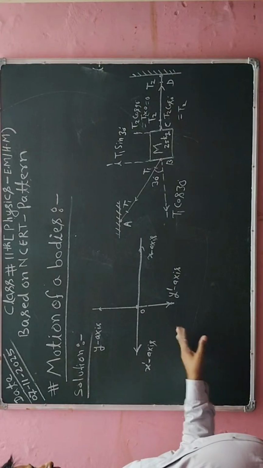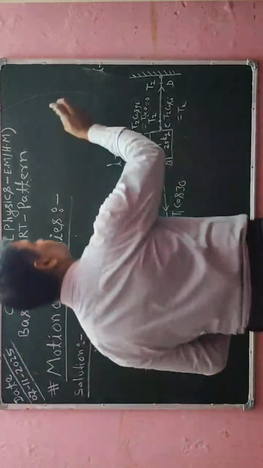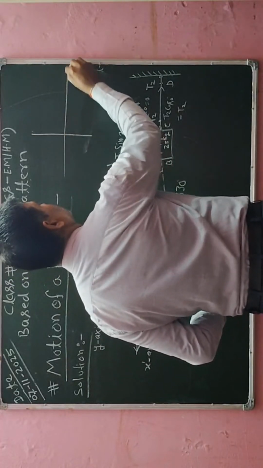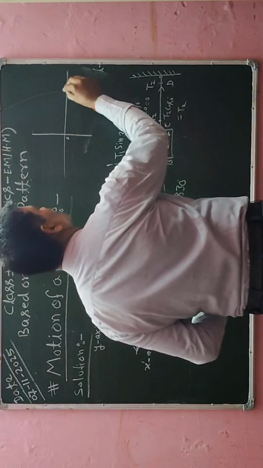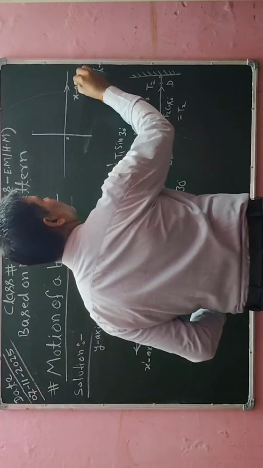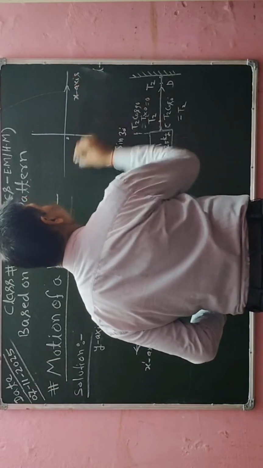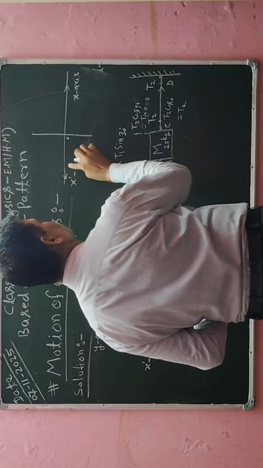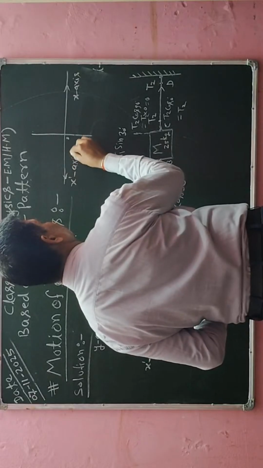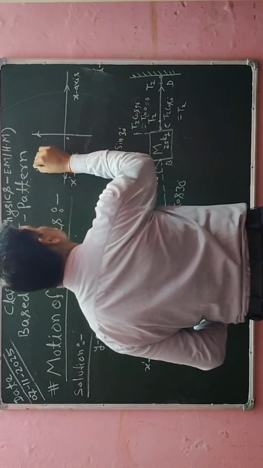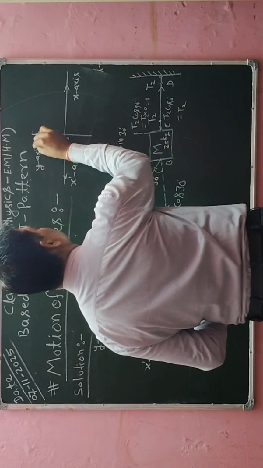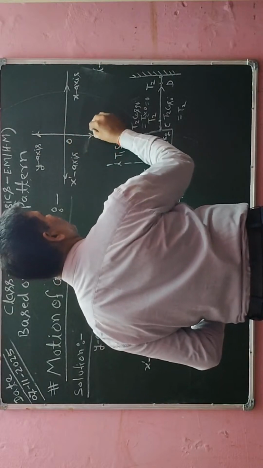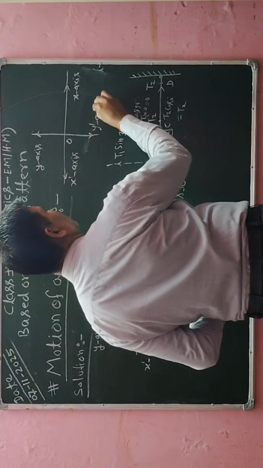Now this concept I am going to draw above. I will also use this concept, so this is the positive x-axis, and this is the negative x-axis, that is I am writing x dash axis, and this is the positive y-axis. Here I have to write the negative y-axis, that is y dash axis.